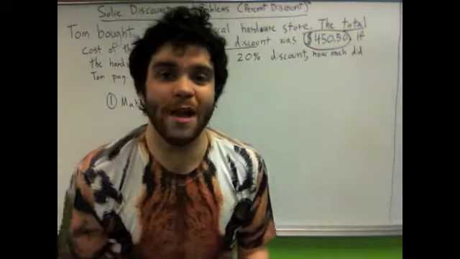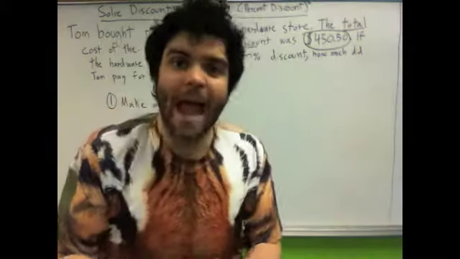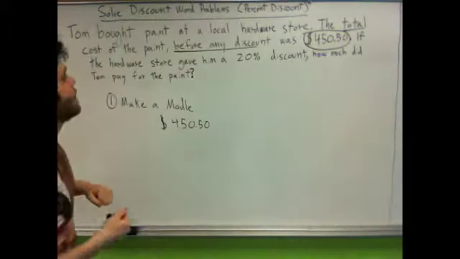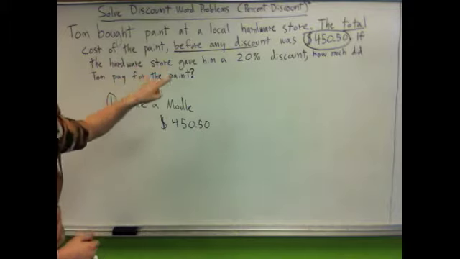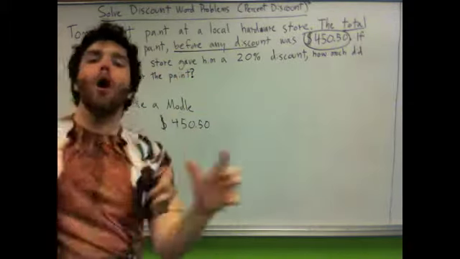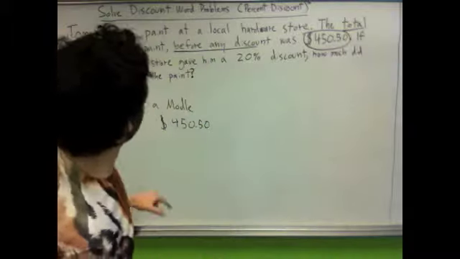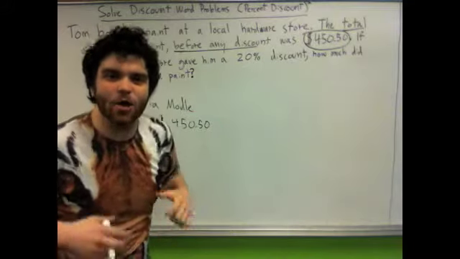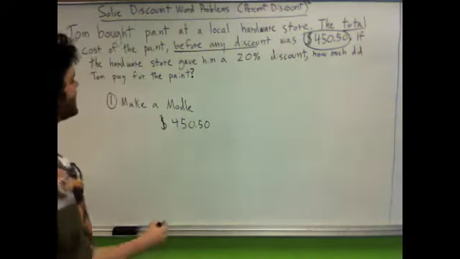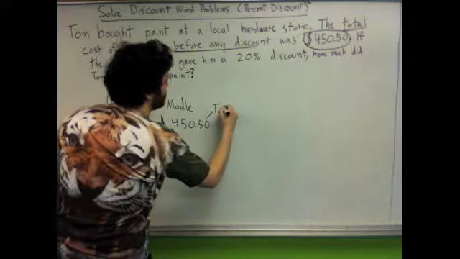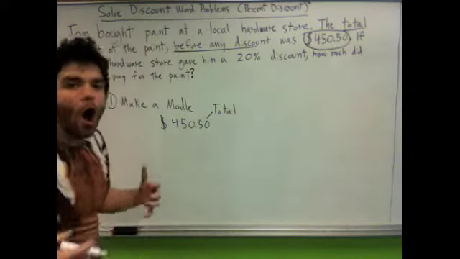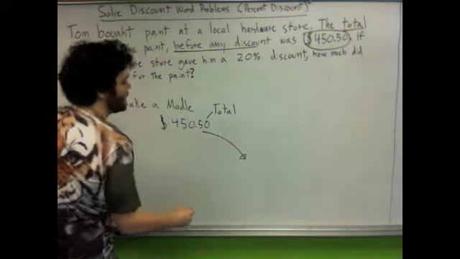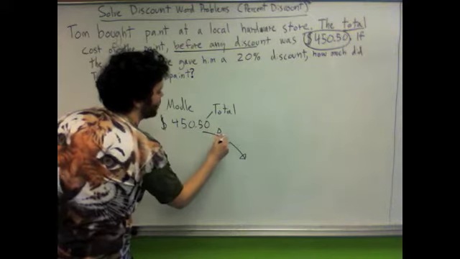The next thing we're looking for is the percent we actually ended up paying and the percent that we didn't have to pay because we had a discount. Let's see if we can find it. If the hardware store gave him a 20% discount, whoa! We found our discount. We have our total right here, and we know we got a 20% discount. So if this is our total, our discount is going to come off of it with an arrow going this way, and we're going to write discount on that arrow.